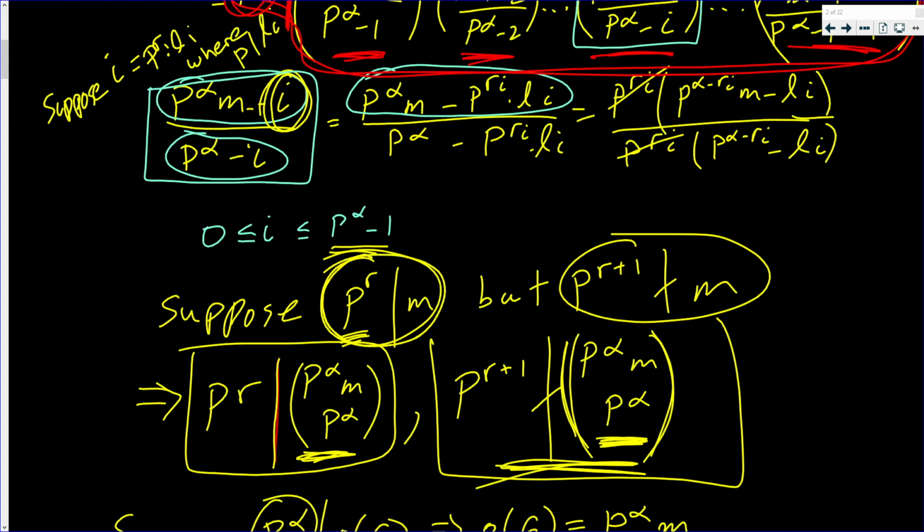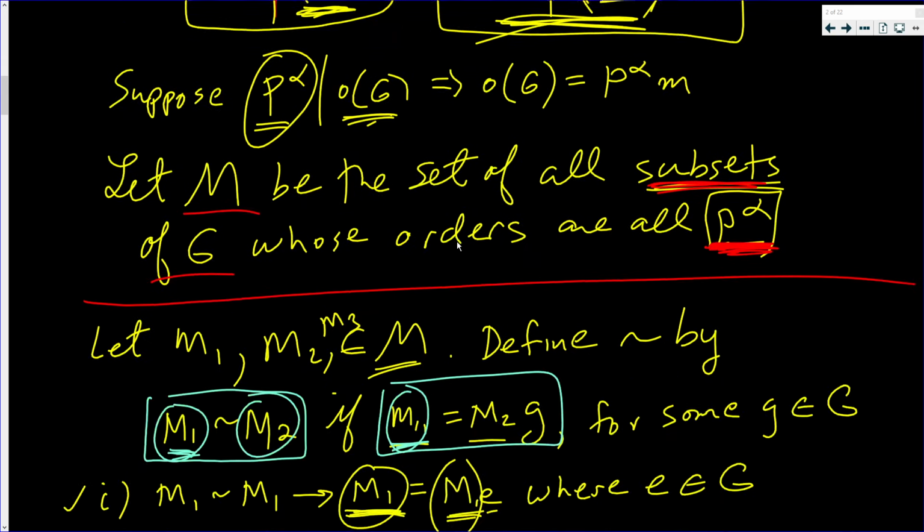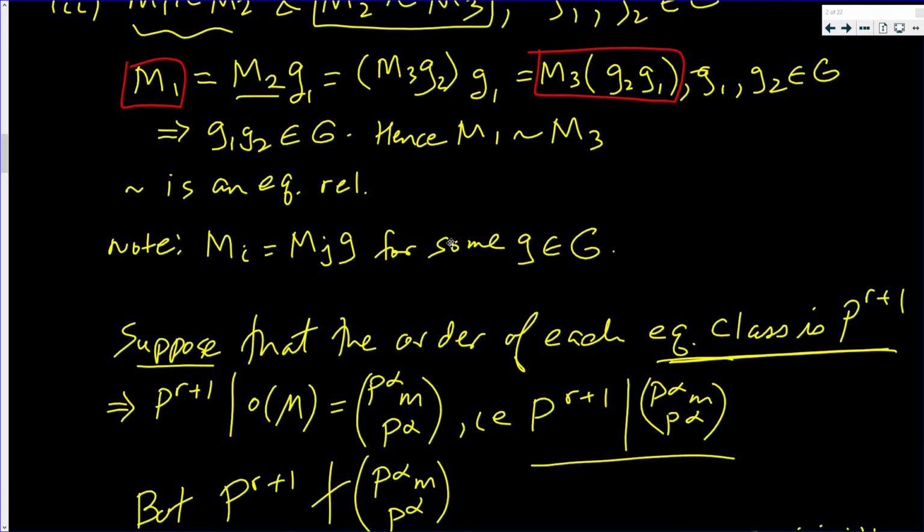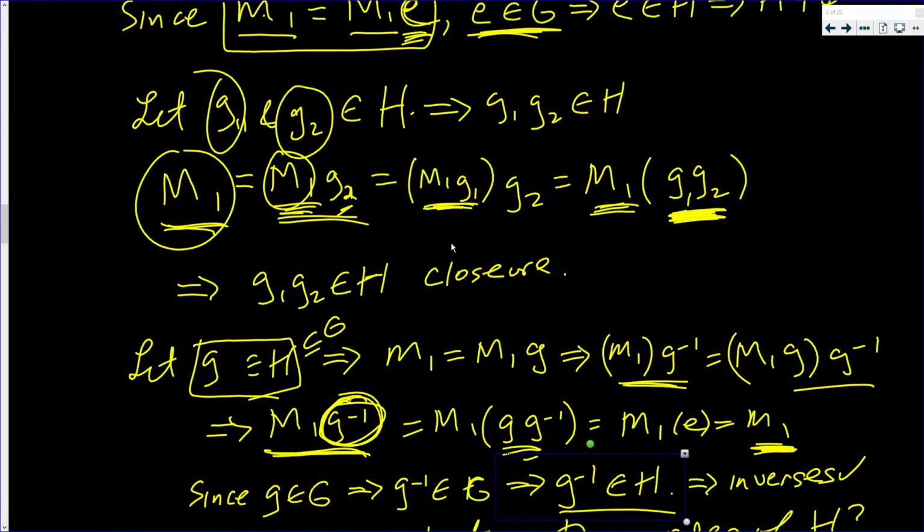Suppose P to the R divides M, but the next power of P does not divide M. So that R is the largest power of P that divides M.